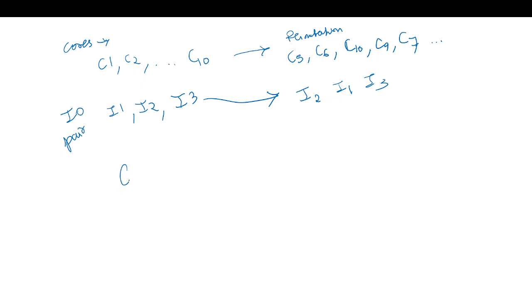Then to test C5, it will use IO2 and perform the testing. Similarly, for C6, it will take I1, and then further I3.